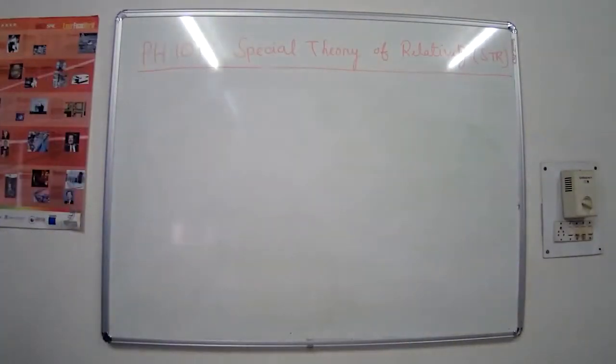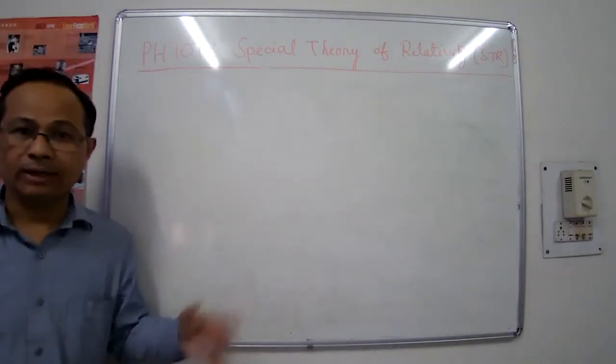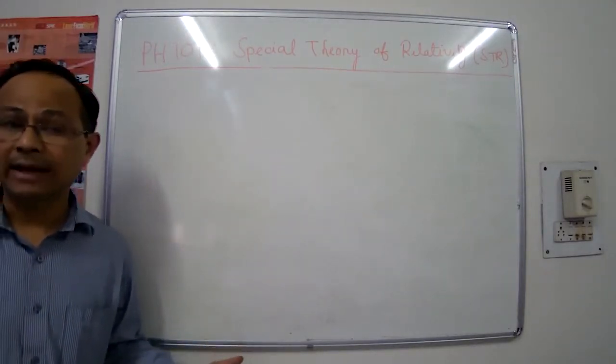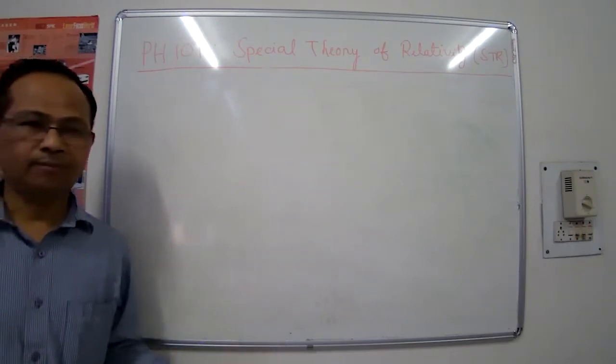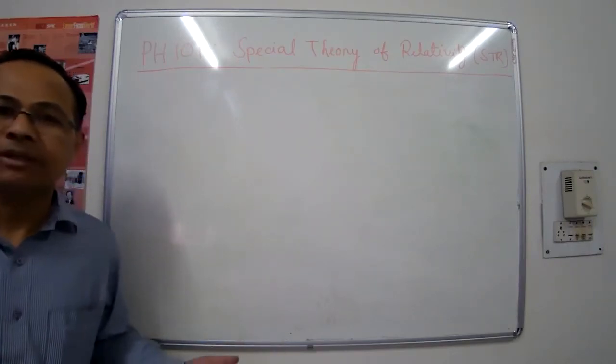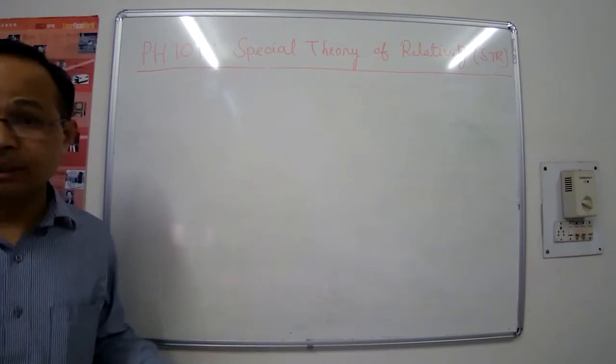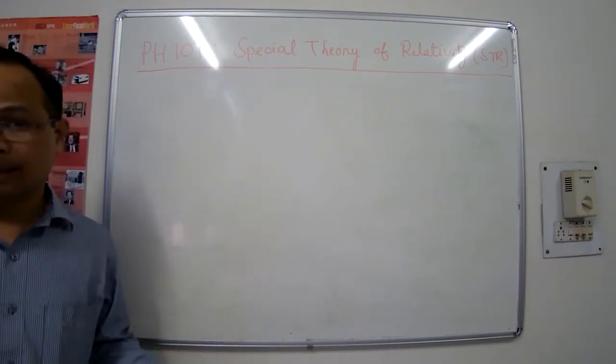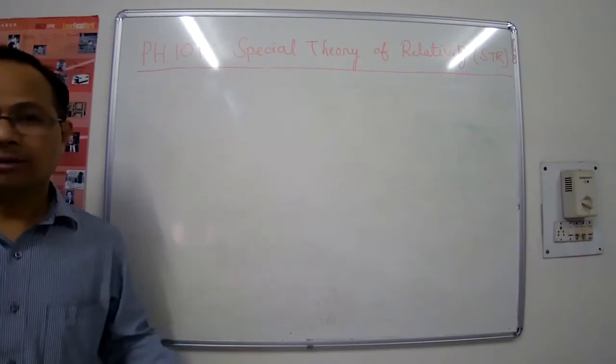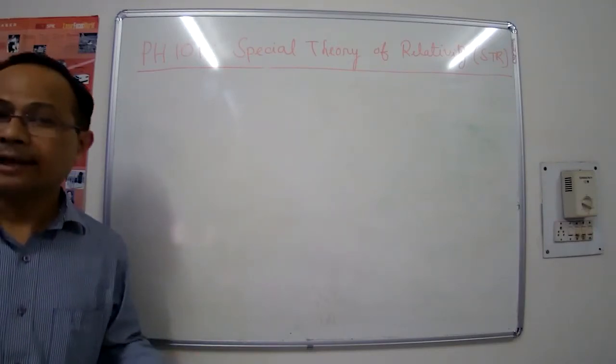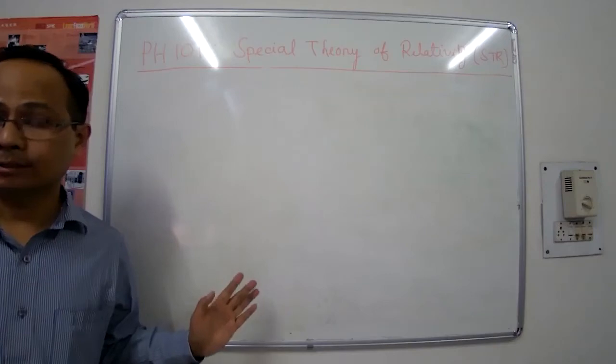I think there was another question: whether a body can move at a speed greater than the speed of light. We'll discuss this particular part. Of course, if something can move at the speed of light, why can't something move greater than the speed of light? This question will obviously come. In short, nothing can travel at a speed greater than the speed of light.